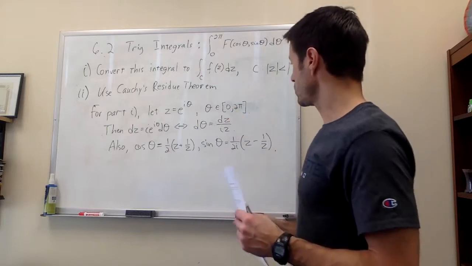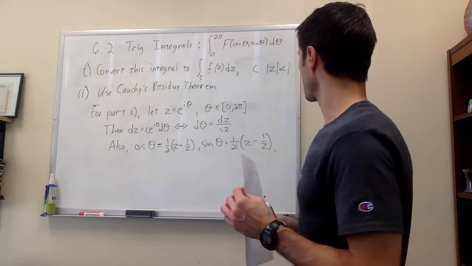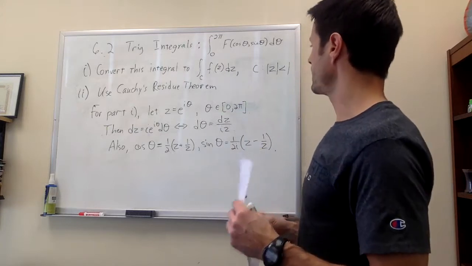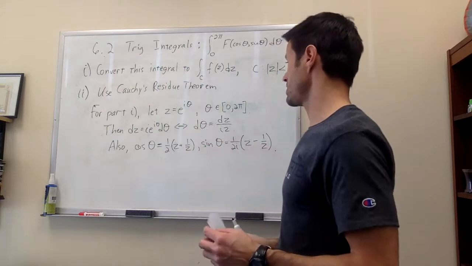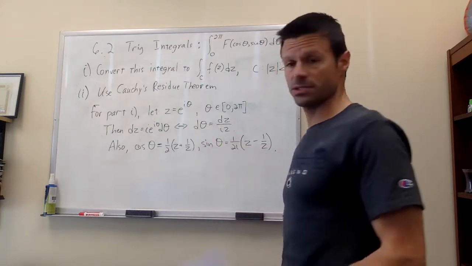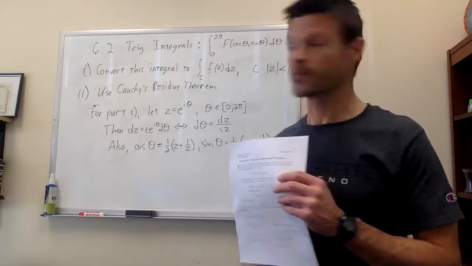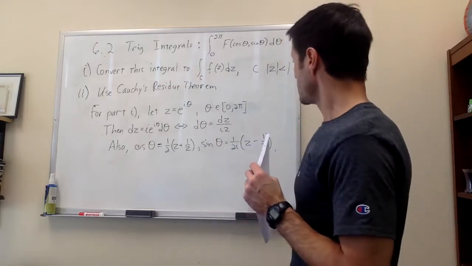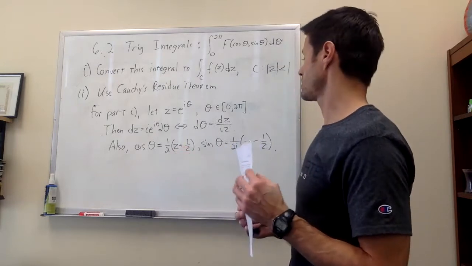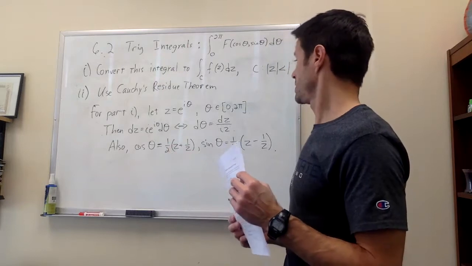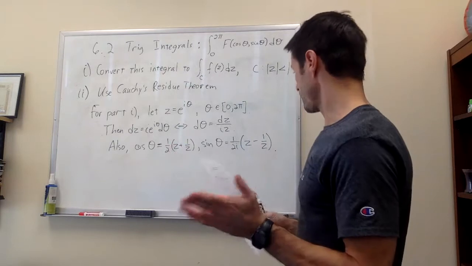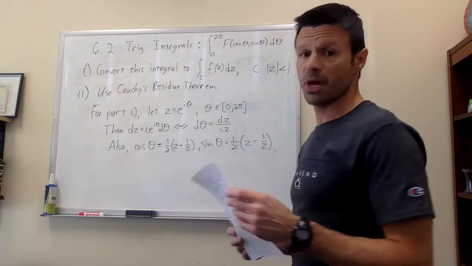We let z equal e to the i theta, and then we find dz, which is i e to the i theta d theta. Rearranging, we have d theta is dz over iz. In addition, we also have cosine of theta equal to 1/2 of z plus 1 over z, and sine of theta equal to 1 over 2i times z minus 1 over z.